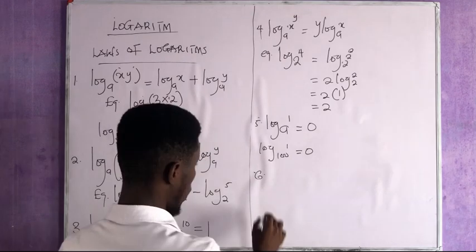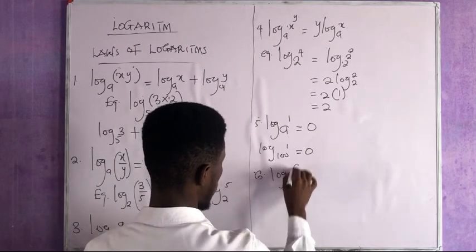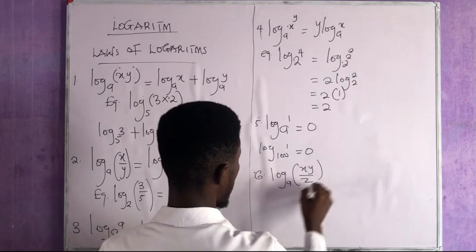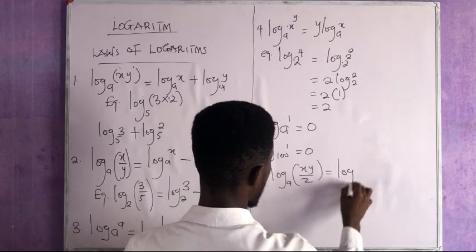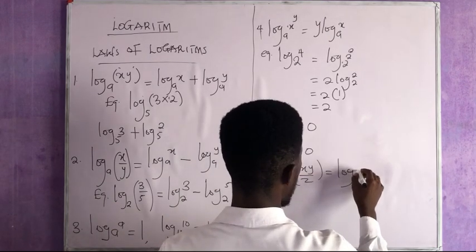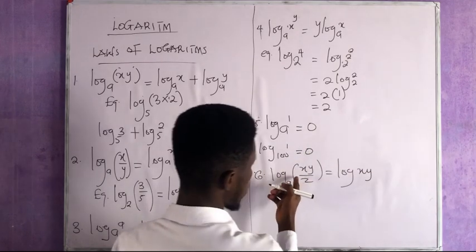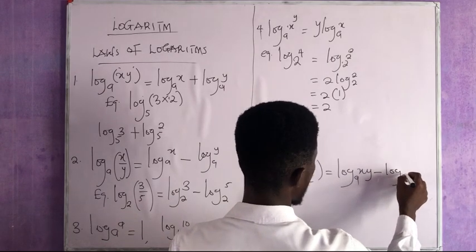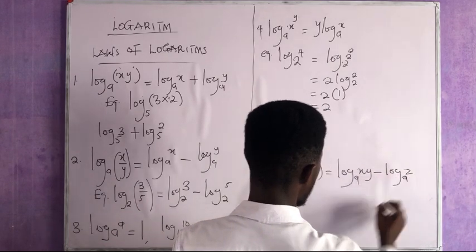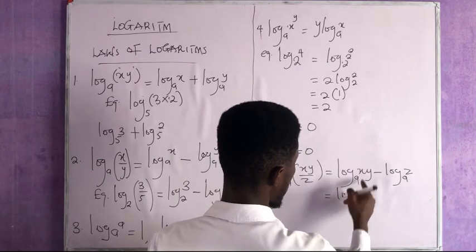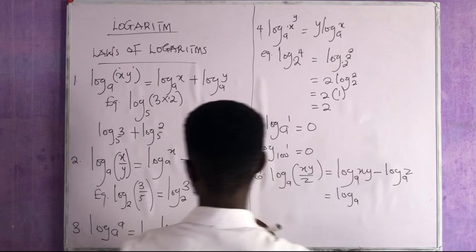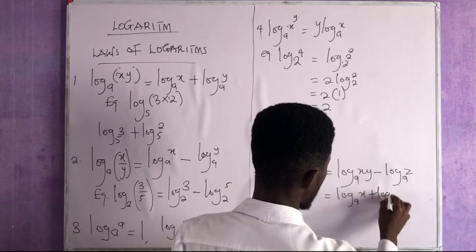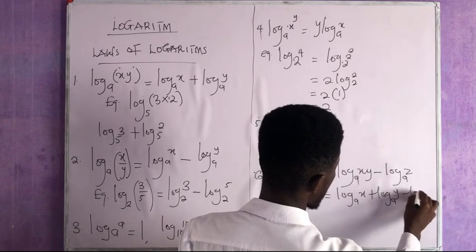If I have log xy over z base a, then this thing can be written as log xy, because this is division, I write it as minus log z base a, and we know that this is multiplication, so from the first law I can write this one as x plus y minus z.